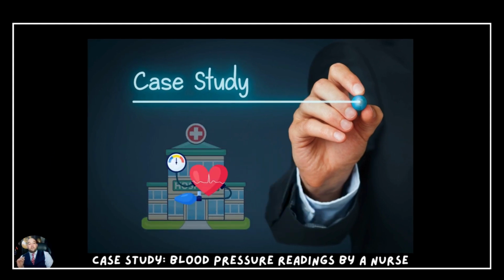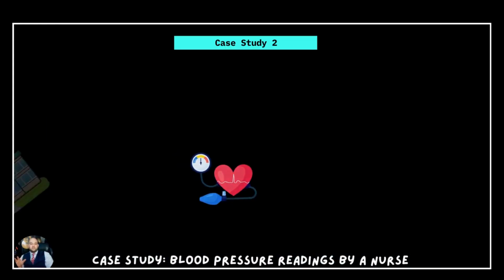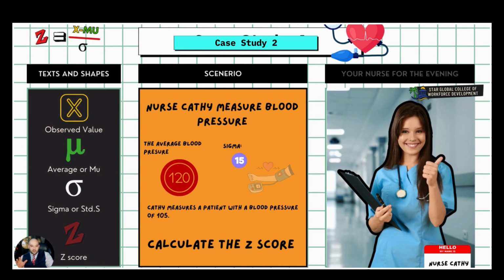I think we can look at it from a different perspective. Let's look at blood pressure at a hospital, right? I've got Nurse Kathy here, and Nurse Kathy measures the average blood pressure of her patients, right? It's at 120 beats per minute, or however they judge it, and they have a sigma value, or standard deviation, amongst her patients of 15.